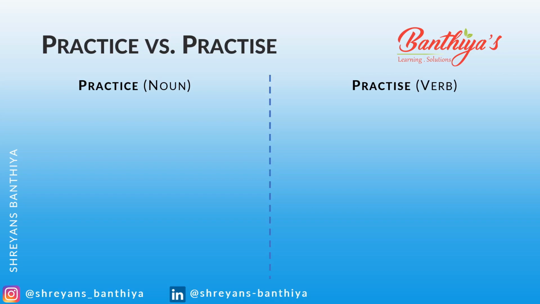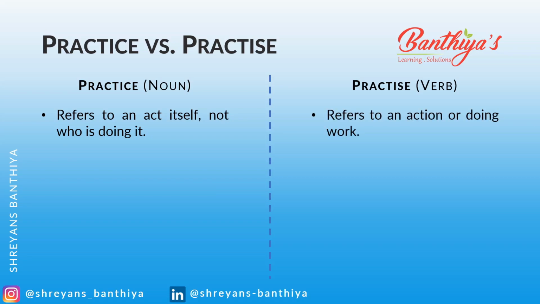So practice is a noun and practise is a verb. So what is a noun? Noun is a name of a person, place, thing or animal. But verb is an action, a word that demonstrates some action. So practice here refers to an act itself and not who is doing it. But practise refers to an action or doing work.